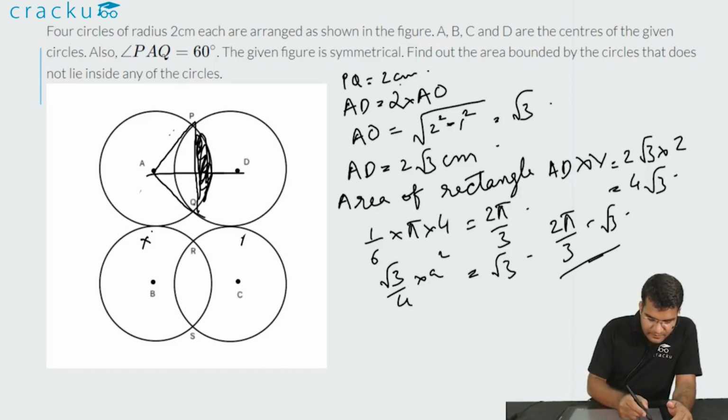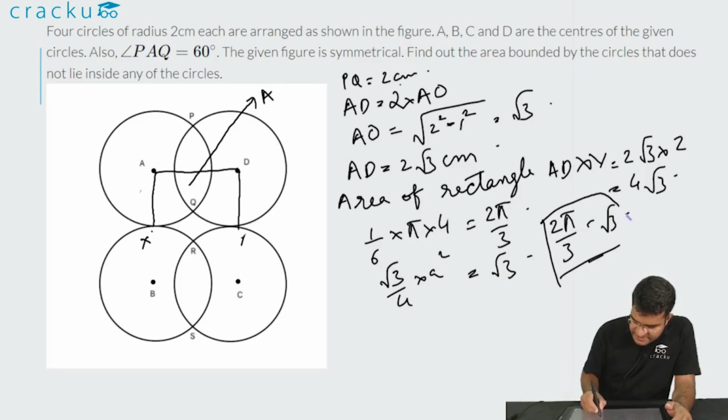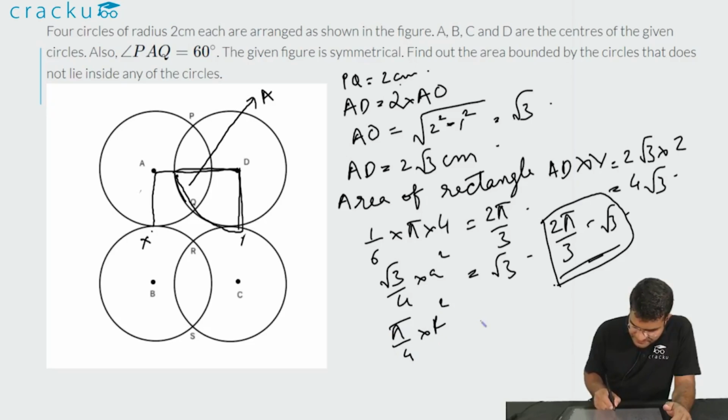So in this rectangle that we are considering from the start, we know the common area, that is this area. This common area A is equal to 2 pi by 3 minus root 3. We know the areas of the bigger chords. This will be 1/4 of the area of the circle, and that equals pi by 4 into r square. This is equal to, because r is 2, pi.